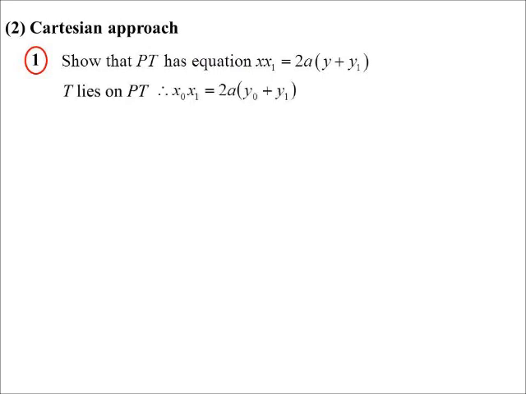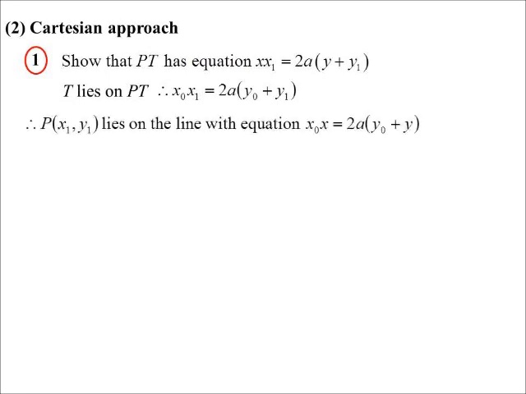I also know that T lies on the line PT. So therefore, if I substitute in the coordinates of T, I must get a true statement. So the coordinates of T were x0, y0. Sub that in, so this must be true: x0 x1 is 2a(y0 plus y1).